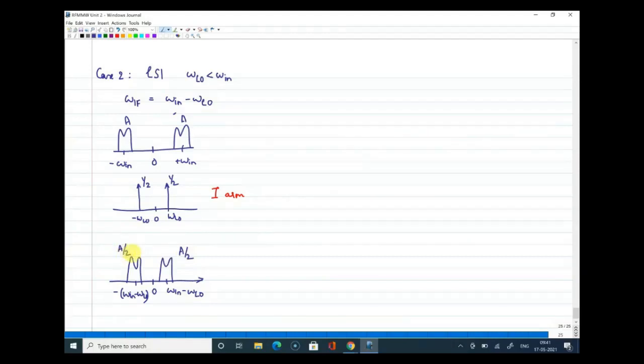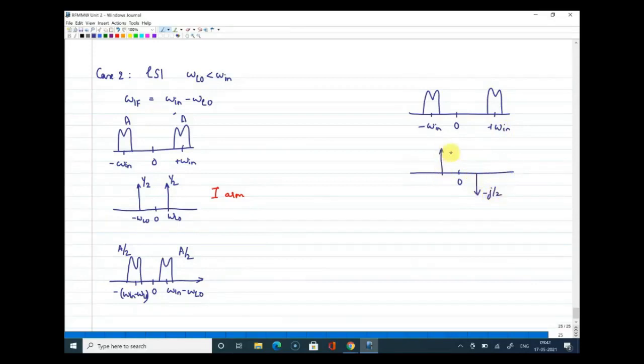Now, more interested to see what is happening in the Q arm. So in the Q arm, you have the signal at minus omega in and plus omega in, and you have the local oscillator signal which is a sine wave, so with an amplitude of minus j by 2, and here with an amplitude of j by 2.